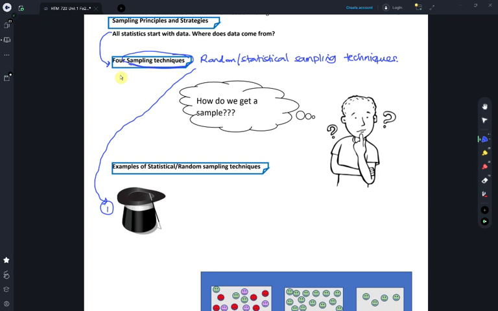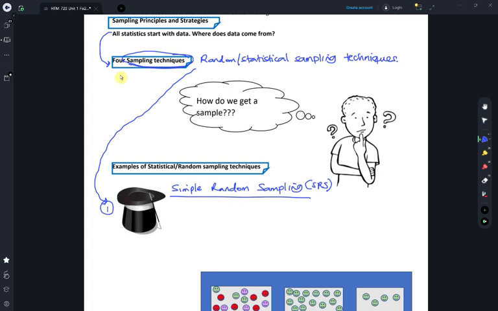So the first one is called the simple random sampling technique, SRS, simple random sampling. So consider if I had about 30 students in a class. If I wanted to select a sample of 5 students to represent that class, what would I do if I were to use simple random sampling?